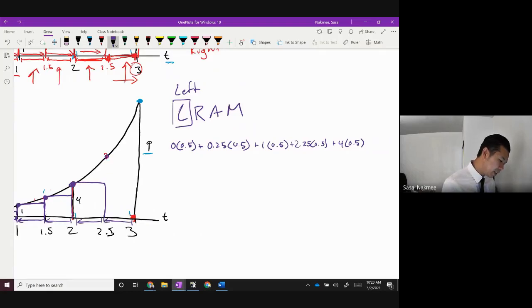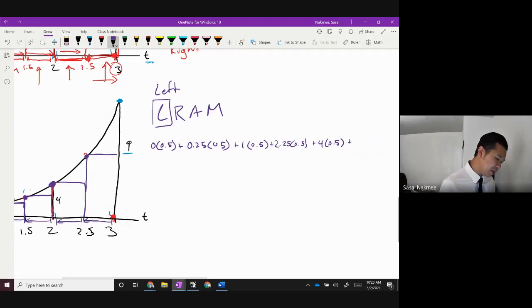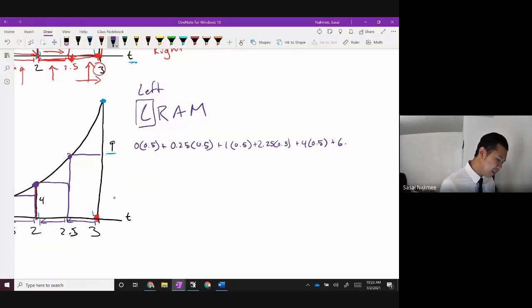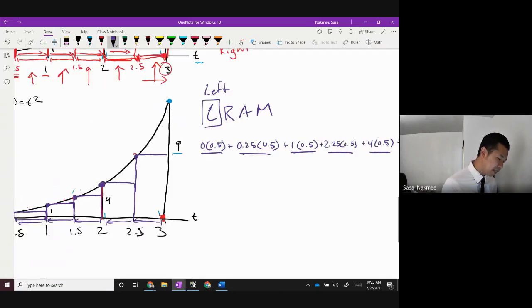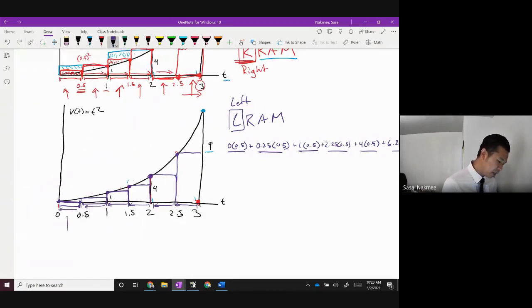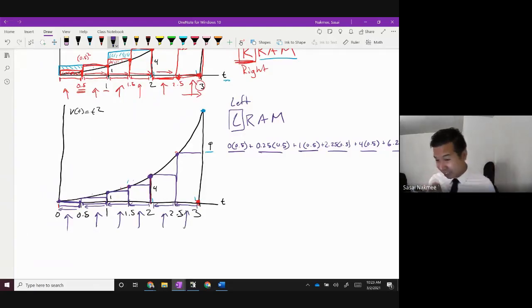It's going to go up to 2.5 and go over here. And that's going to be 2.5 squared, which is 6.25 times 0.5. So I still have 6 rectangles, don't I? 1, 2, 3, 4, 5, 6 rectangles, right? But it's an under approximation, yes.